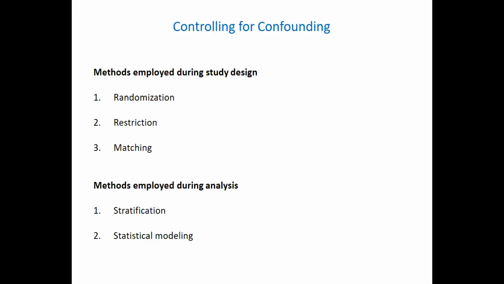So the last one is statistical modeling. So you try to model through a statistical method, regression, either linear or logistic regression. But here now, we'll be talking about logistic regression. And this is our workshop. So stratification, regression, you're going to see later.